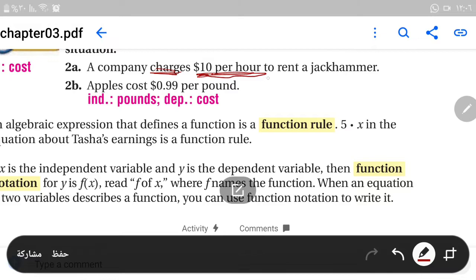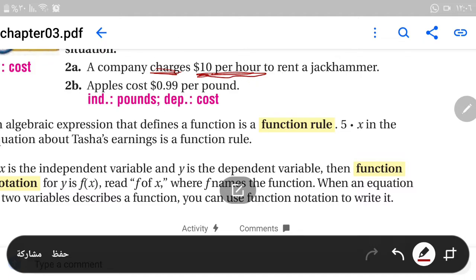What happens when the hours are more? The charge is more. When the hours are less, the charge is less. So you can see that the charging amount depends on how many hours the company rents the jackhammer. So the charge depends on the hours.